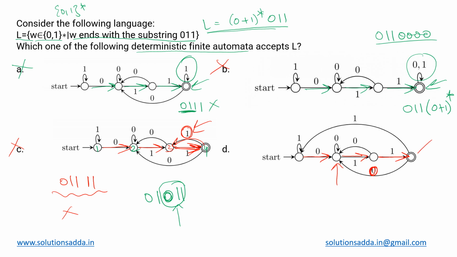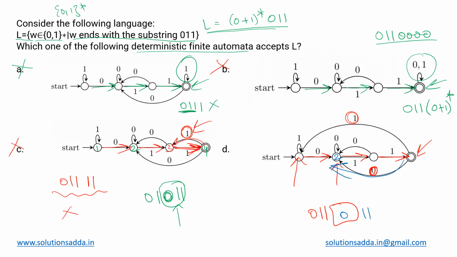And from the accepting state itself if we get a 1 then we are transitioning not to state 3 but to the starting state, so that once again at this particular place if we get a 0 then 2 ones have to occur. That's why we went to state 2 using this transition.